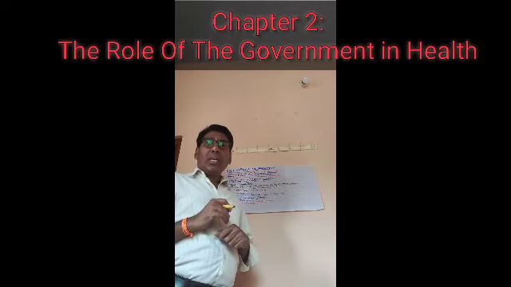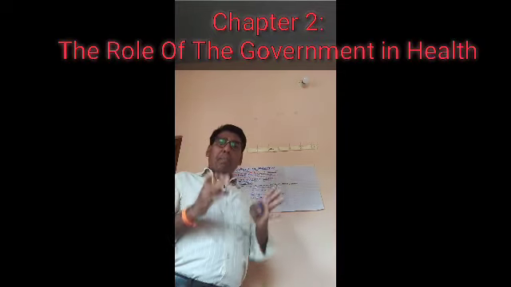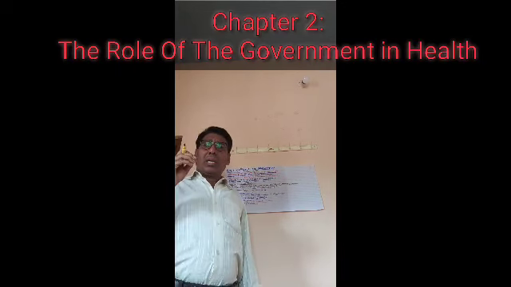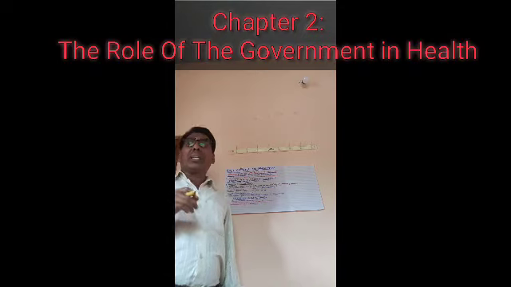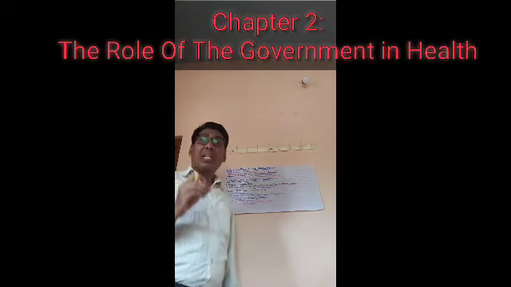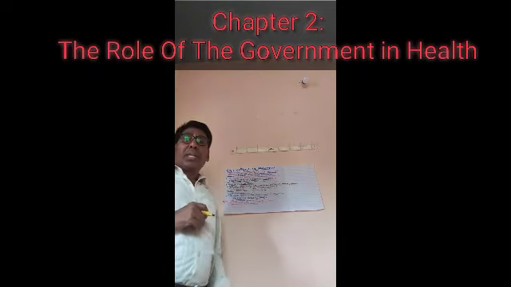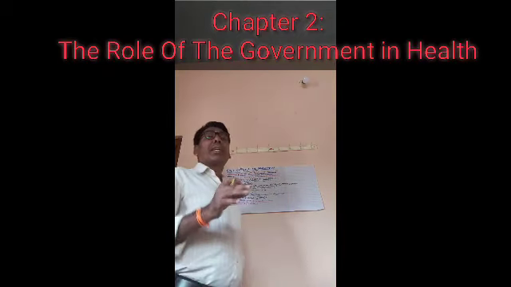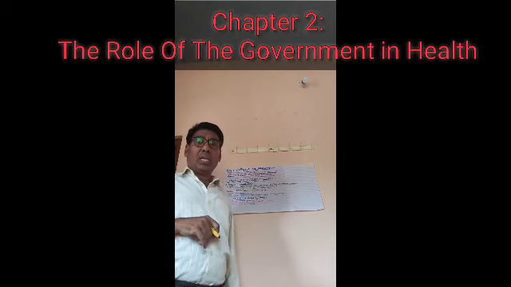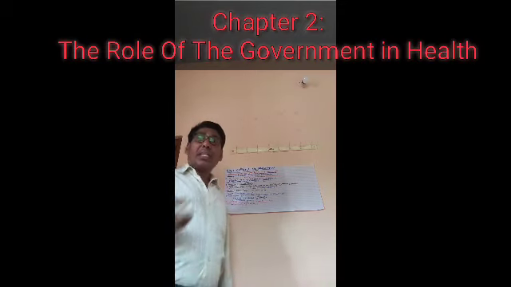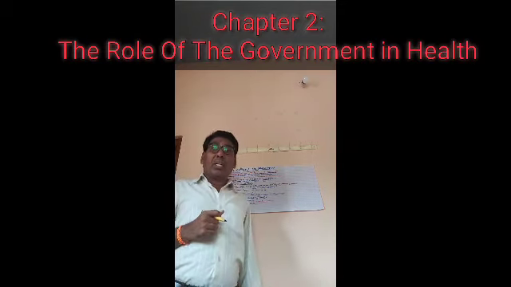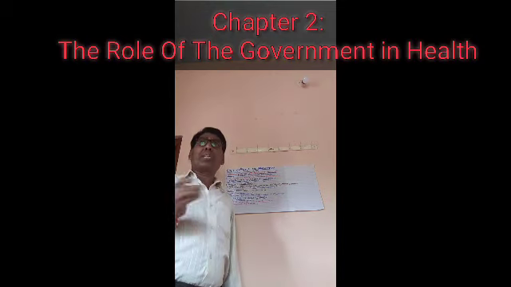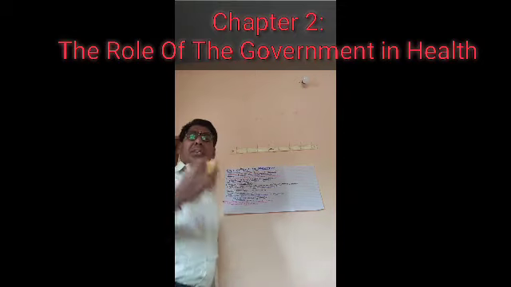And if people are not able to get proper, good food, then they cannot maintain their health properly, and gradually they lose their health, and they become a victim of one or another kind of disease. And moreover, in villages, children, a scarcity of drinking water is faced every year by the people, particularly in the summer season.